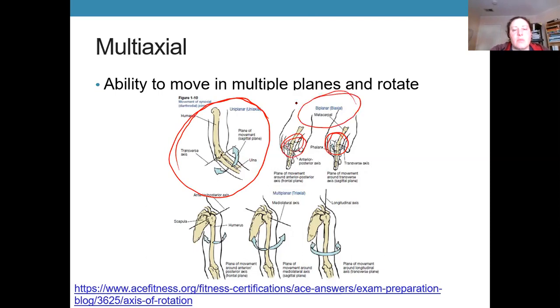It's a biaxial movement because you can move this way and that way, front and back and side to side. And then the shoulder is a great example of a multiaxial joint, they have triaxial, but we're going to use multiaxial, because it can move in all 3 planes and it can rotate.